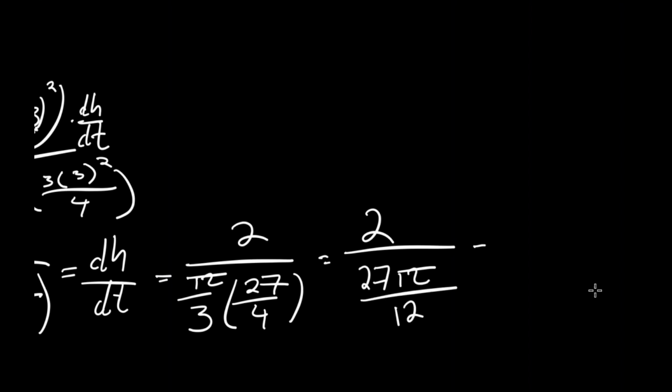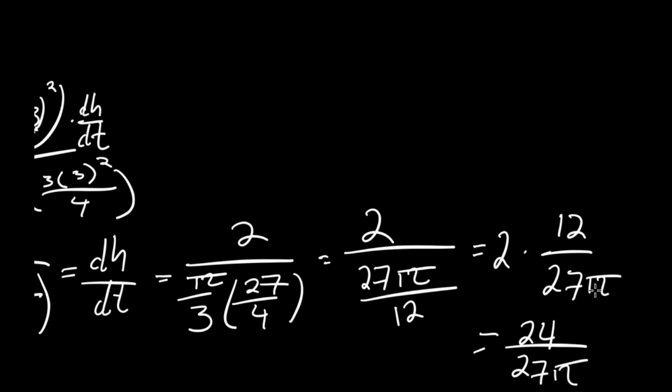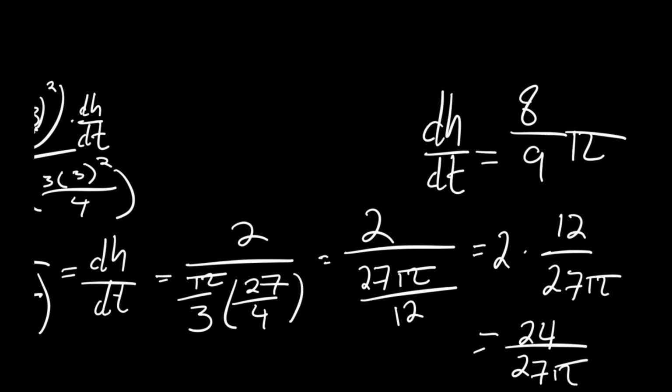Then we can rewrite this as 2 times 12 over 27 pi, and 2 times 12 is 24 over 27 pi. We can simplify this even further to 8 over 9 pi. That should be the rate at which the water level is rising when the water is 3 meters deep. So this is our answer.